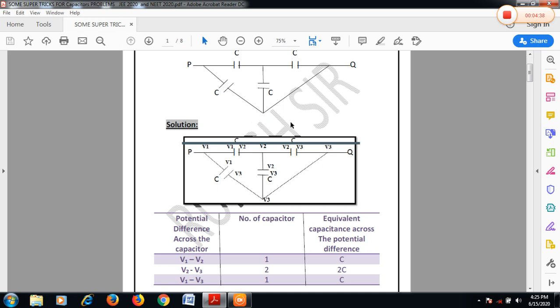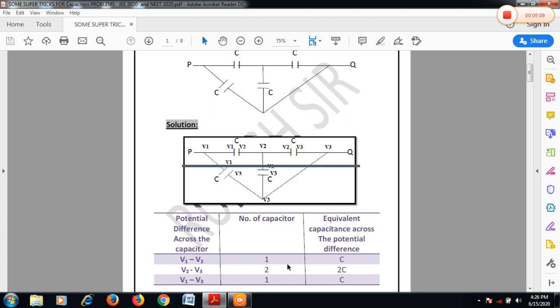Now within the potential difference V2 and V3 we have two identical capacitors: one is this capacitor and another one is this capacitor. So within the potential difference V2 and V3, we have two capacitors in parallel.